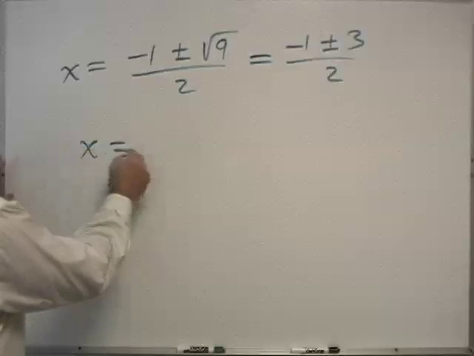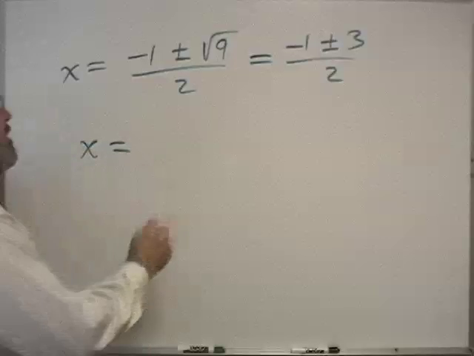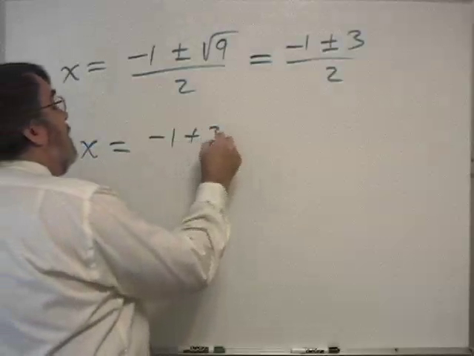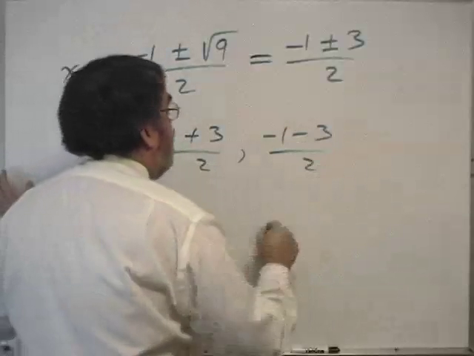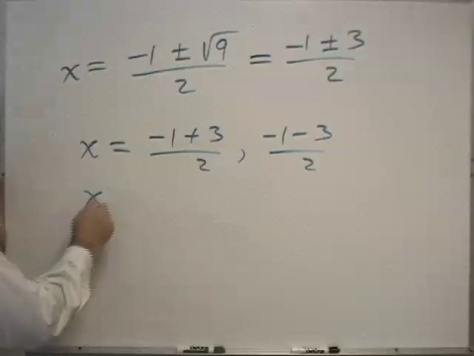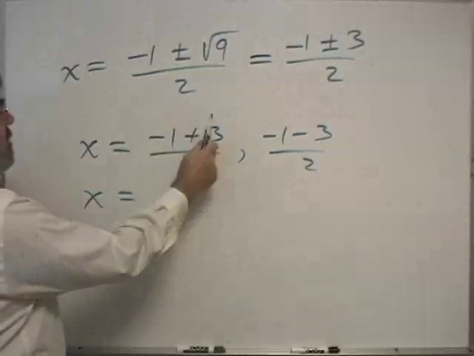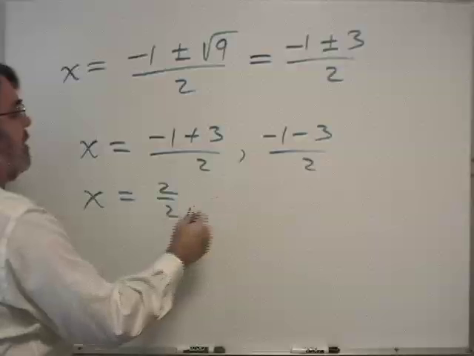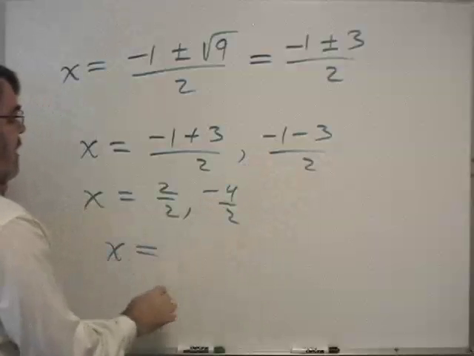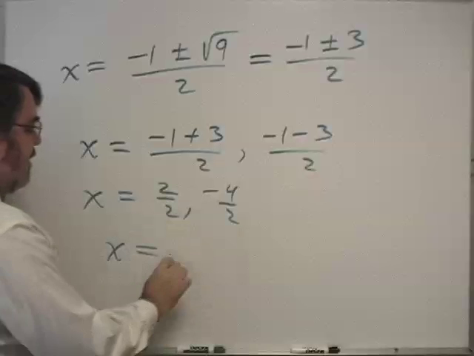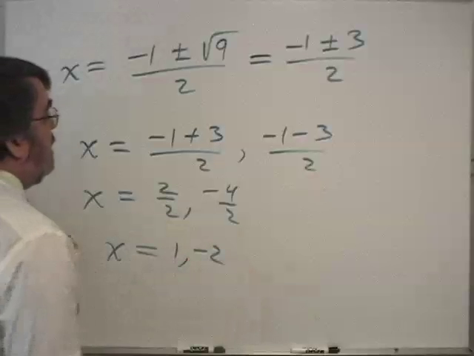So let's write out both answers. It's negative 1 plus 3 all over 2, and negative 1 minus 3 all over 2. And so this gives us negative 1 plus 3 is 2, 2 over 2, and negative 4 over 2. So our answer would be, simplifying these fractions, 1 and negative 2.